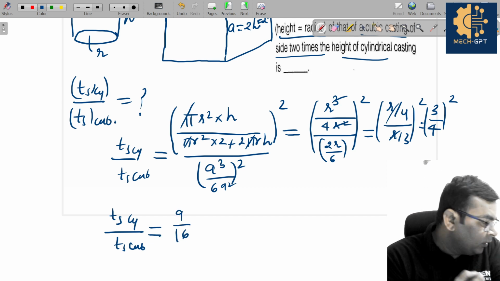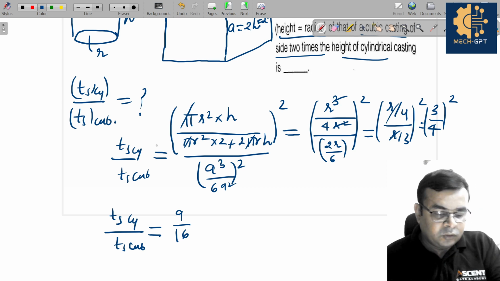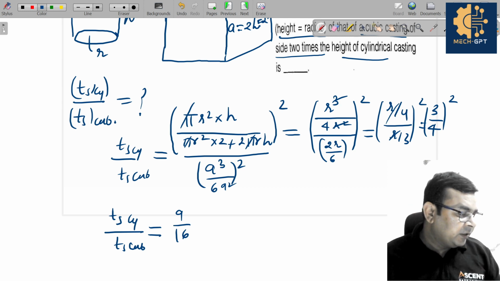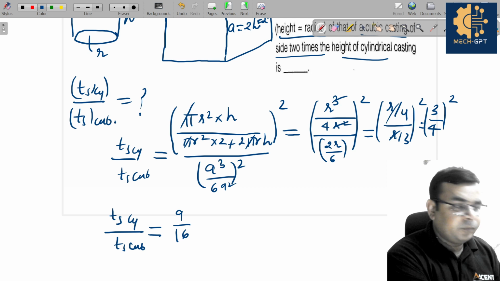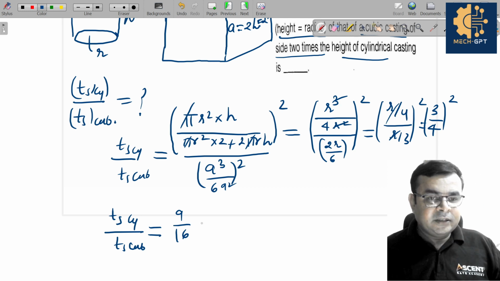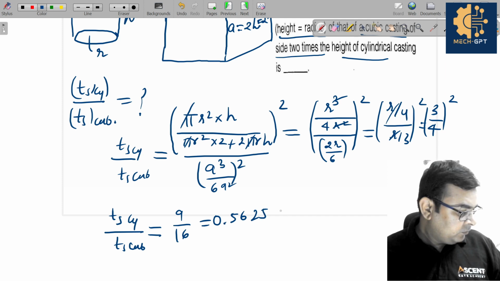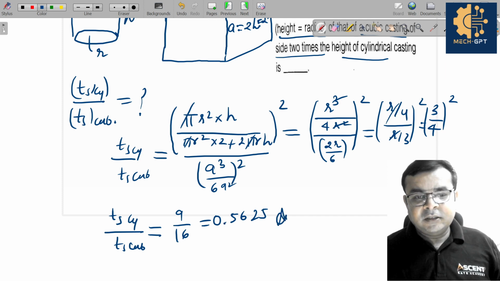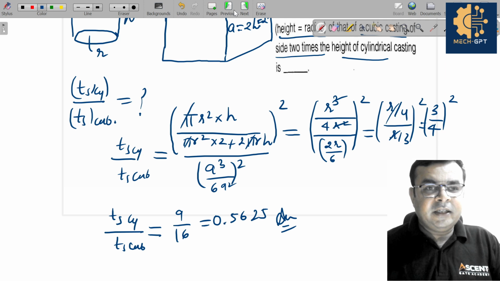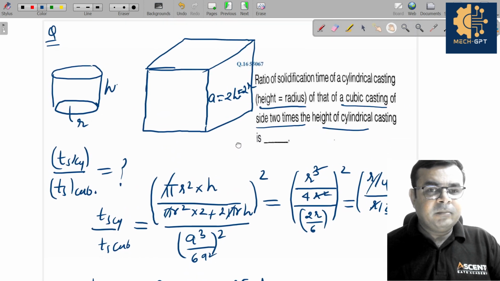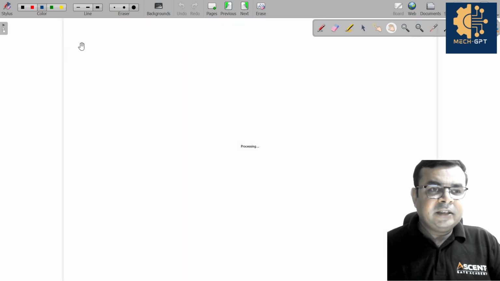Yes or no? 9 by 16. So after calculating, here we get the correct answer 0.5625. Is it clear? This is the ratio and this is the right answer, correct? So like this you can solve it. This is a very simple question. Okay, let's see another question.